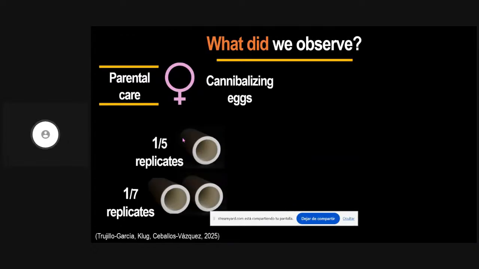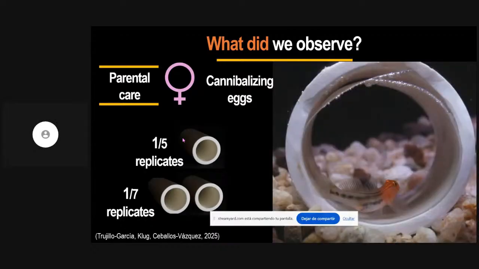And in some videos, we were able to see the females cannibalizing eggs, in one replicate using just one nest and one replicate using two nests. In this case, the female enters the nest while the male is outside the nest and starts to bite the eggs in an abrupt manner, as in this video.